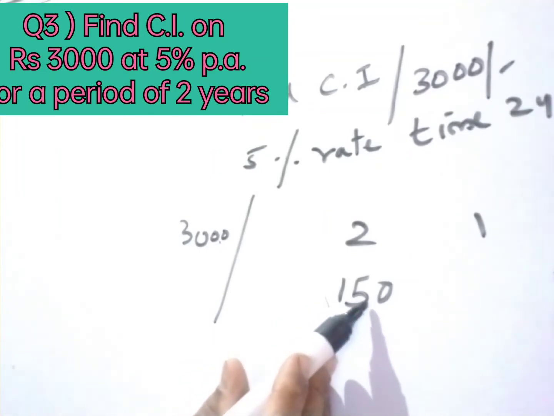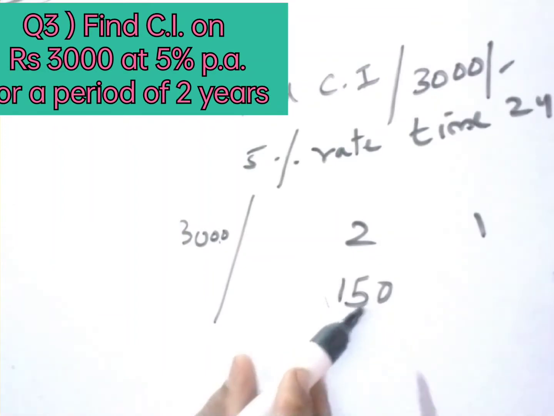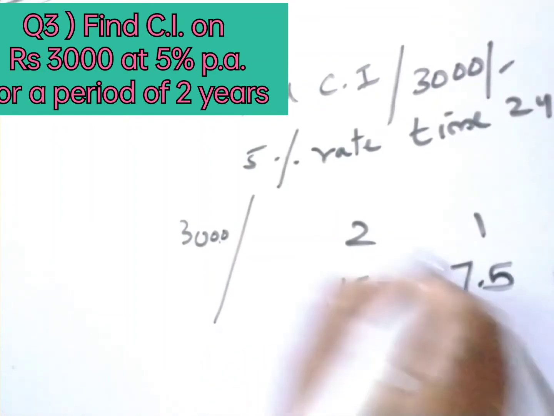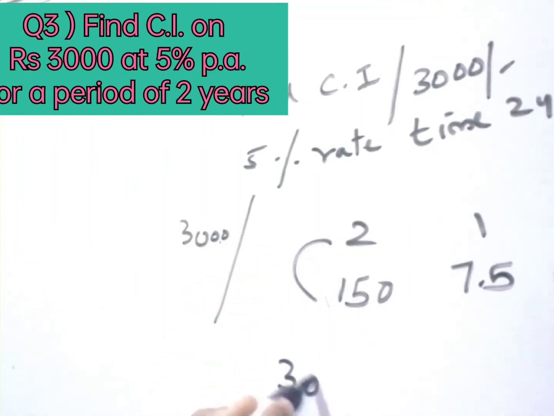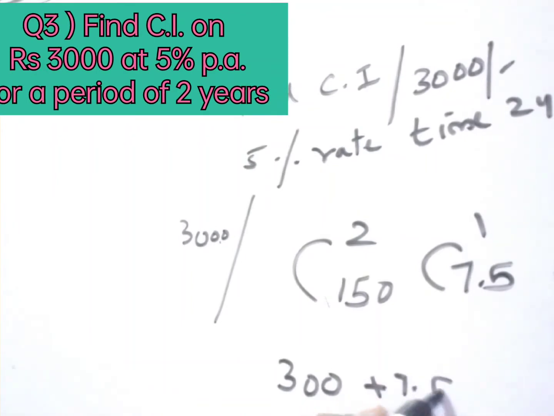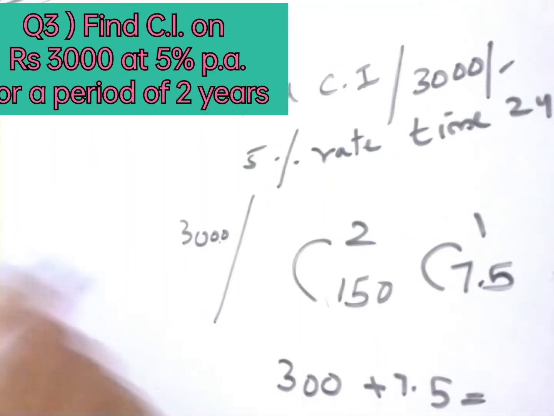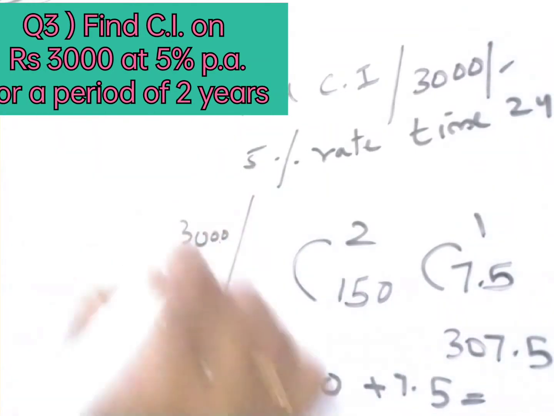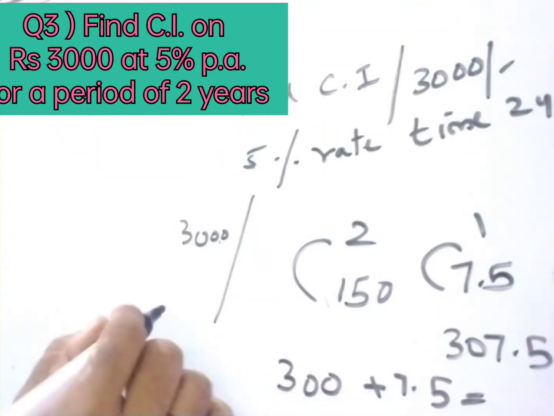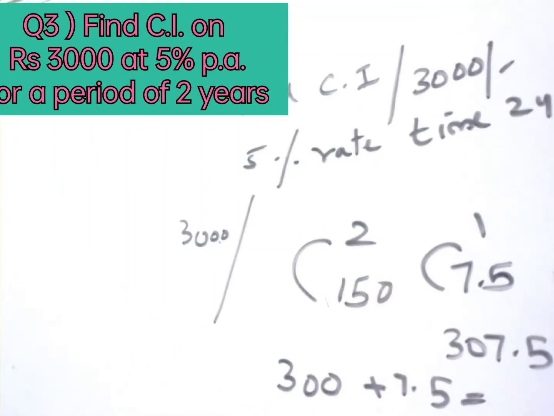For 150, 10% is 15, 5% is 7.5. So next step is 150 into 2, 300, and 7.5 into 1, 7.5. So total it is 307.5.